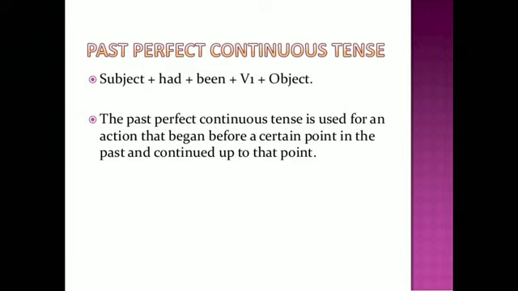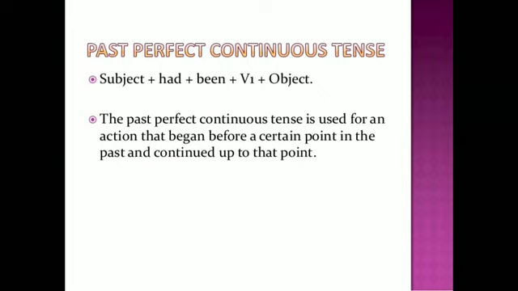Now let's go with the sentence. In interrogative sentence, we follow this order: had plus subject plus been plus first form of the verb plus ing. So let's go with the example. Had the man been working hard for some time?